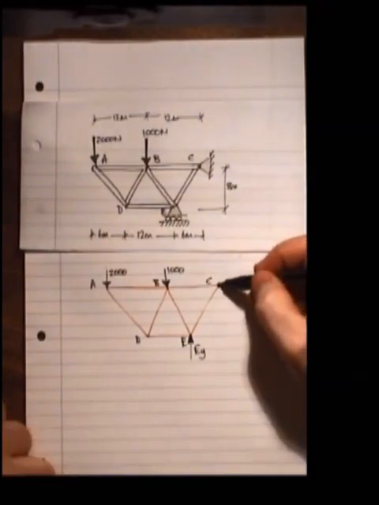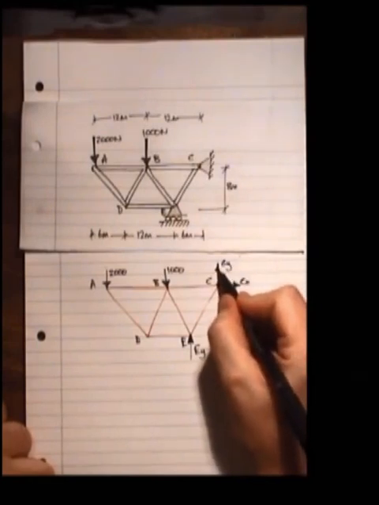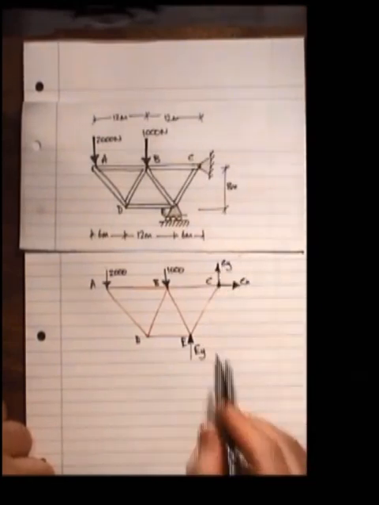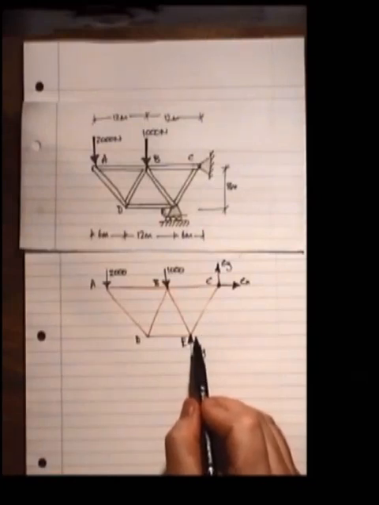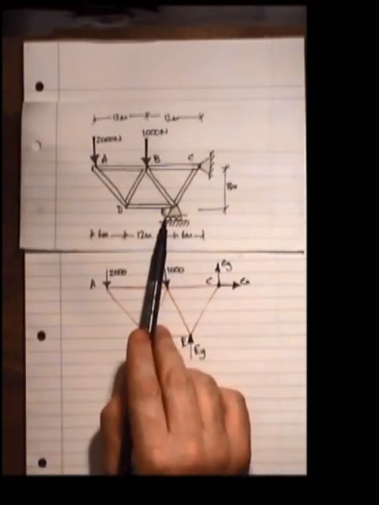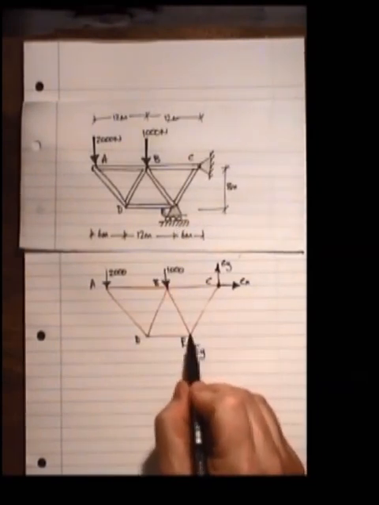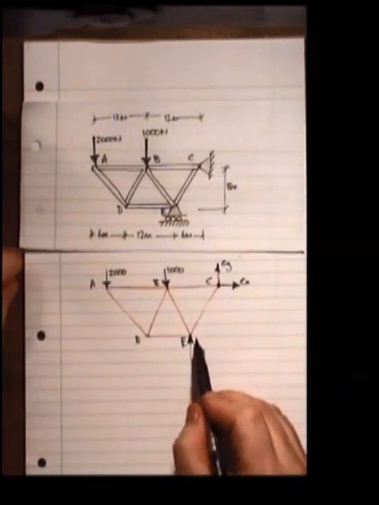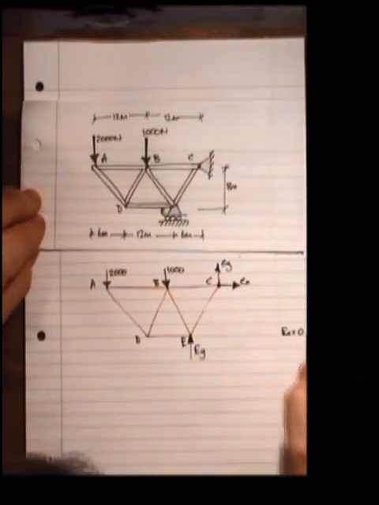And I'll guess also that I have a CY going upwards. Now there is an AX, however the theory says that the friction is 0 at E, so it's 0 newtons for EX, so you could write down that EX equals 0.